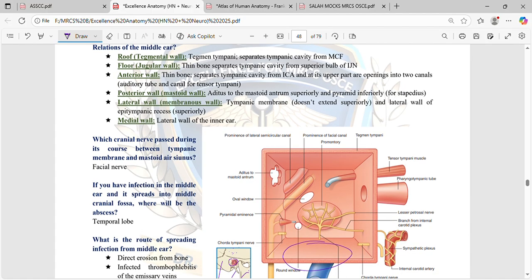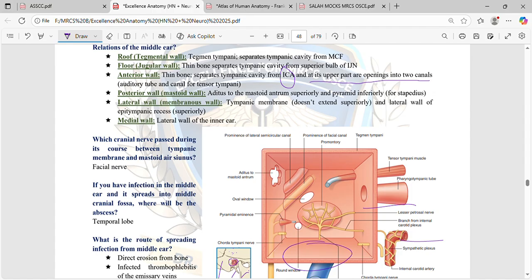Then we have the anterior wall. Thin bone separates the tympanic cavity from the internal carotid artery, and its upper part has openings into two canals: the auditory tube, which opens into the nasopharynx, and the canal for the tensor tympani.